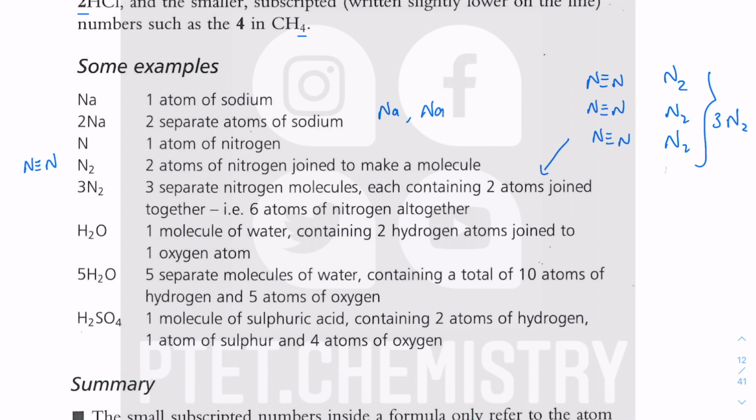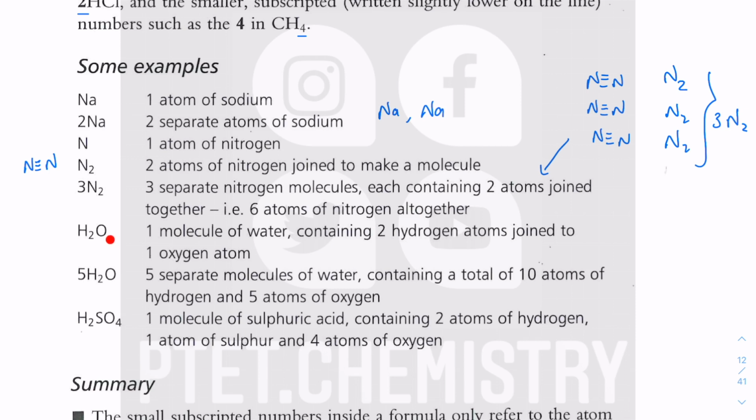Now you got H2O without any number in front. It simply means there's just one. So you got one molecule of water which contains two hydrogen. The number at the bottom refers to the atom before it. So the number at the bottom here is not two oxygen but two hydrogen. There's no number next to the oxygen, meaning it's 1, because if it is 1, we don't show it.